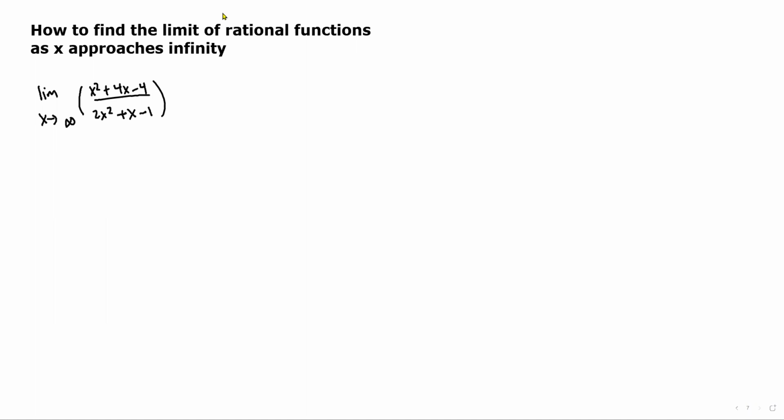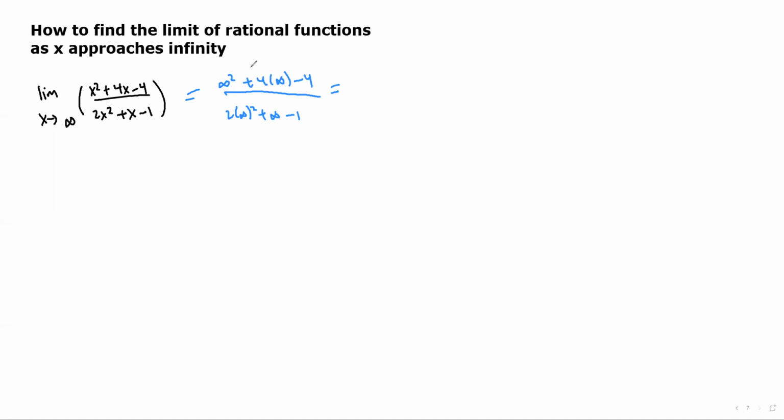So when I do that, I'm going to have infinity squared plus 4 times infinity minus 4, over 2 times infinity squared plus infinity minus 1. So the numerator, we're going to have infinity squared, which is infinity, plus 4 times infinity, which is infinity, minus 4.